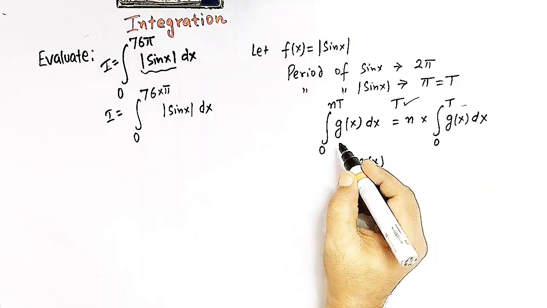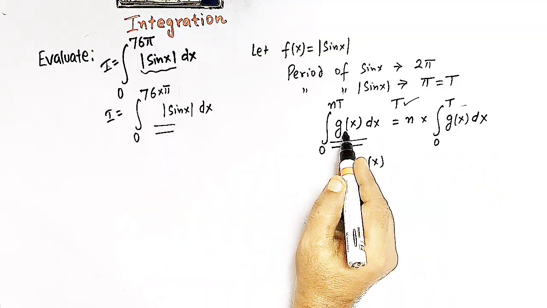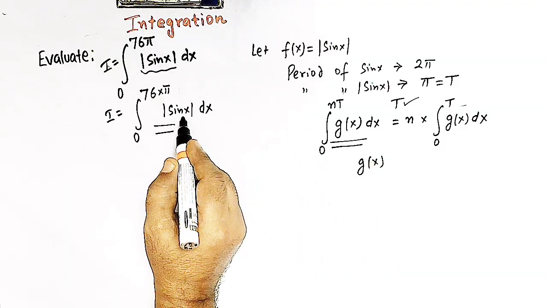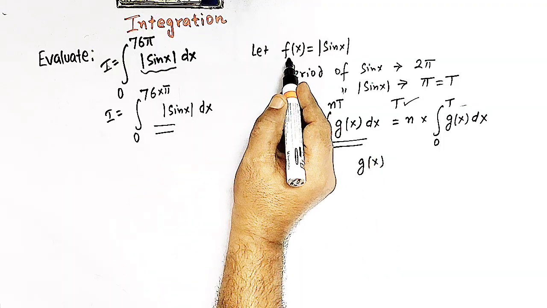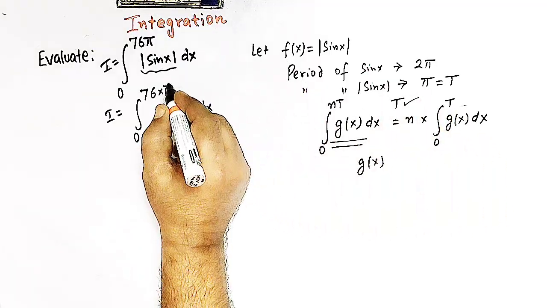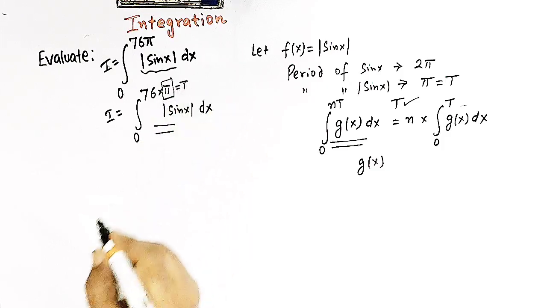Now if we compare this integral with this one, we can see that g of x is mod sine x, that is f of x, and mod sine x has period pi, so t is equal to pi.